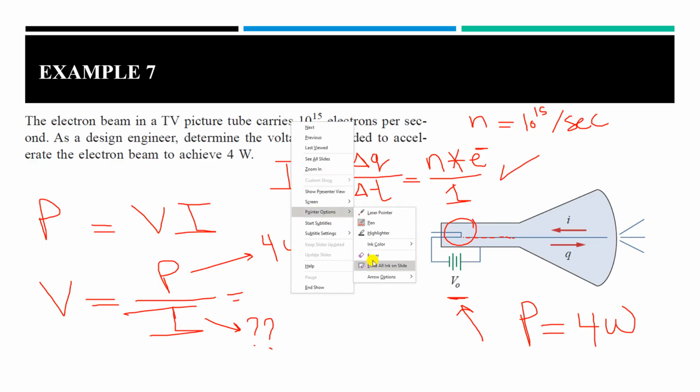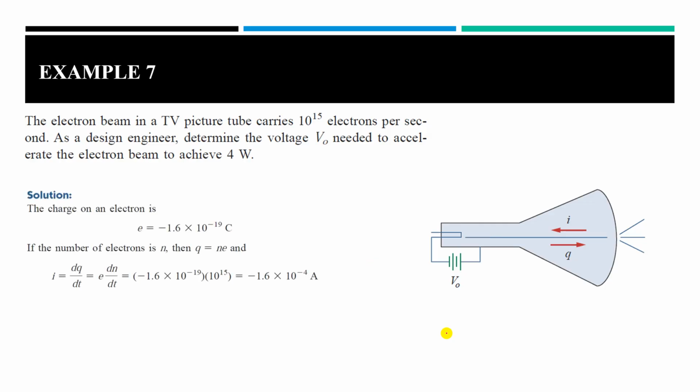So let's see this in more detail. The charge on an electron is e equal to negative 1.6 multiplied by 10 to the power negative 19 coulomb. This is the charge of 1 electron. Now we have 10 to the power 15 electrons. So the total Q provided by this electron beam is equal to e multiplied by the number of electrons.